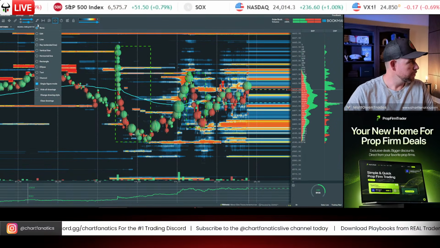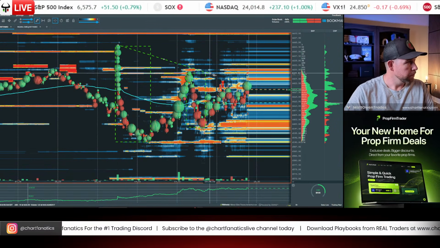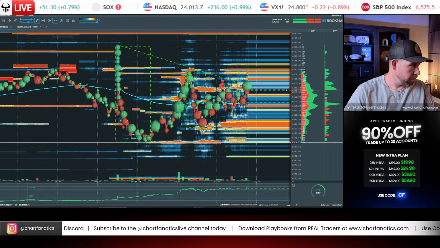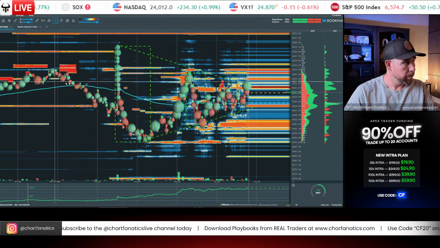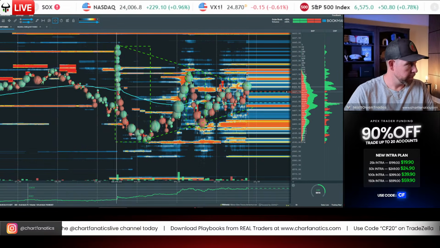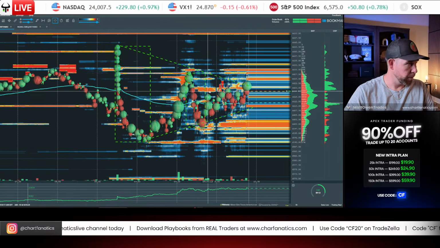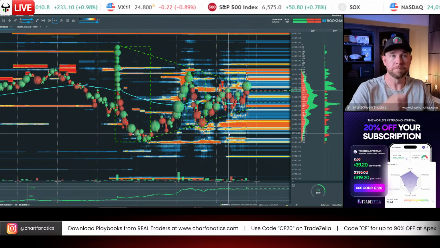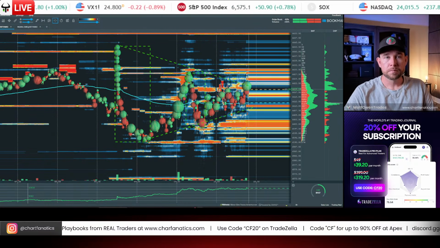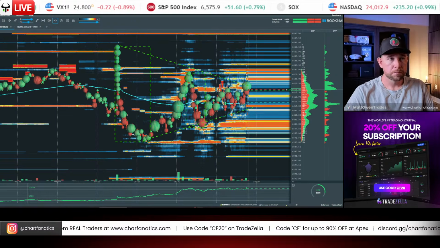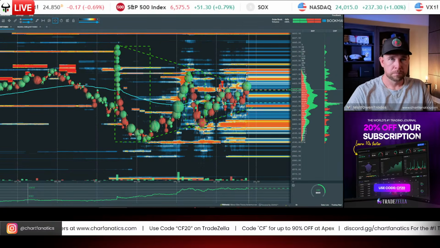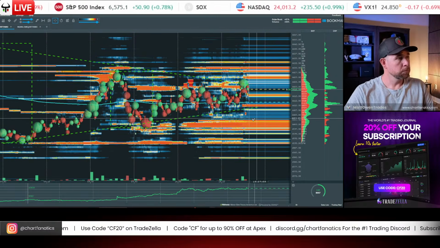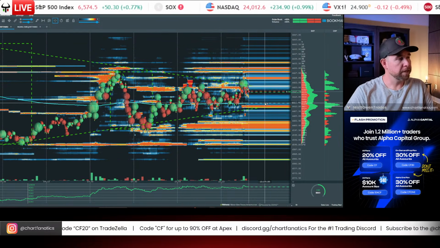So here's a visual for us in case you needed to be reminded why we're chilling here: we're just kind of forming a pennant here, getting choppier and smaller. So, tactical patience.